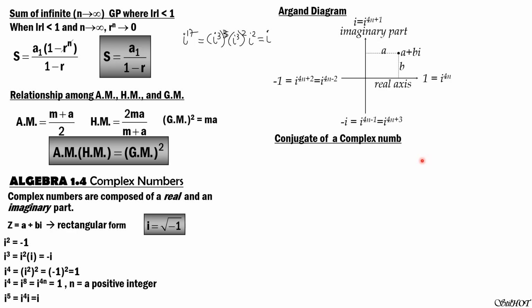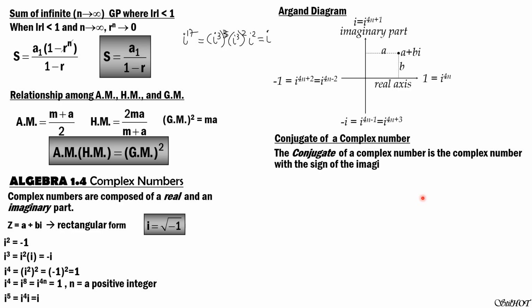Then the conjugate of a complex number. The conjugate of a complex number is the complex number with the sign of the imaginary part oppositely changed. So let's have an example, although you can use your calculator here. This is very elementary. If we have a plus bi in general, the conjugate is a minus bi.